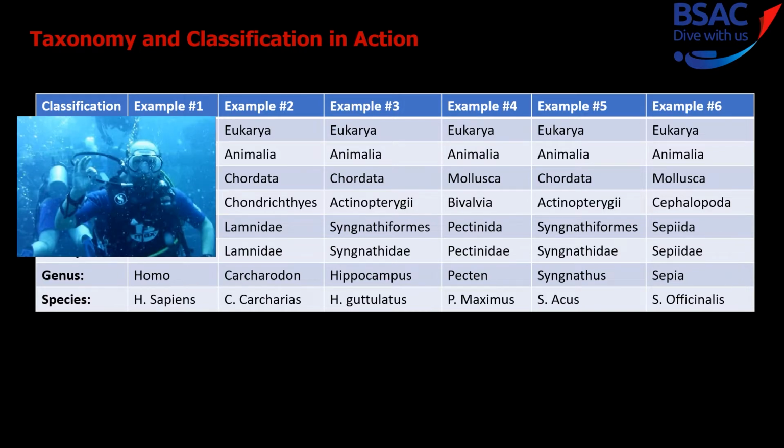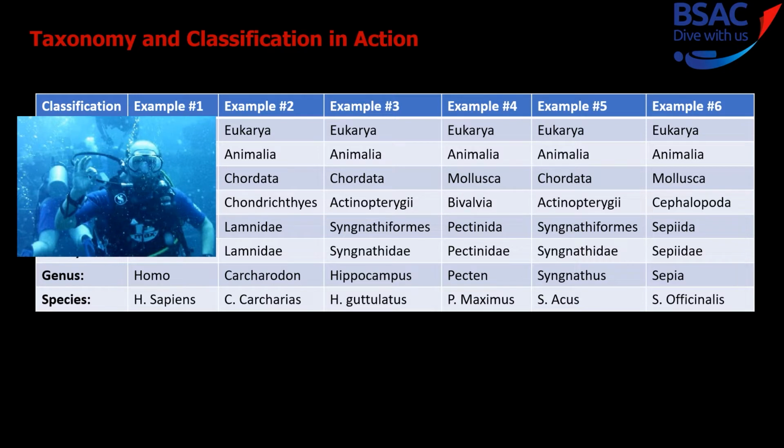In example 2, if we work our way down this particular list, we can see that it is an animal and not a plant. It's got a backbone. It's a Chondrichthyes, which basically means it's got a skeleton of cartilage and not of calcium. Lamnidae for its order and family, therefore it is not a Squalus, i.e. of the cat shark family.